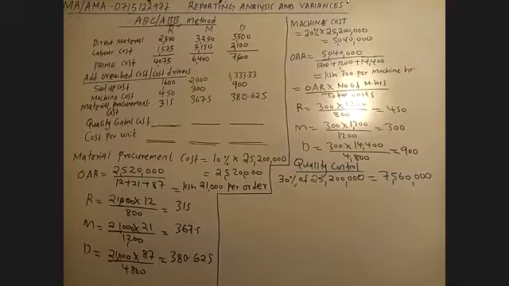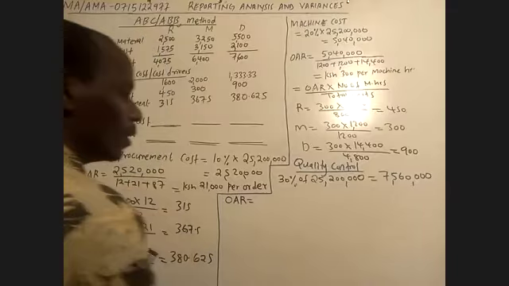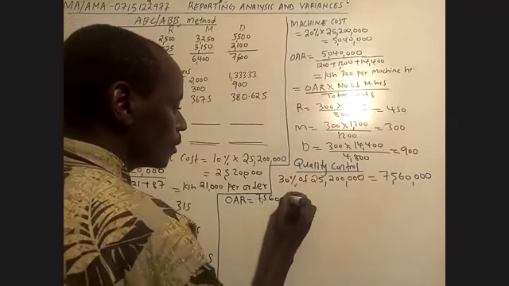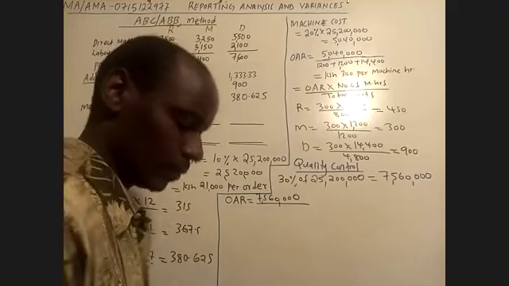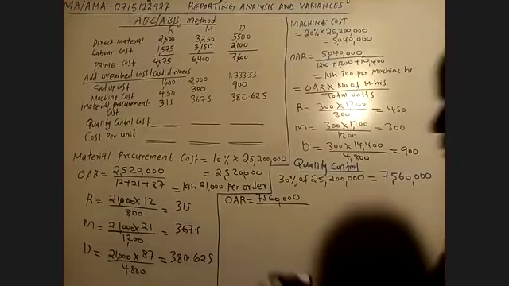Now you can find the OAR. You know it is 7,560,000. We divide by the cost driver. So what's the cost driver for quality control? Number of inspections: 120, 180, 456.